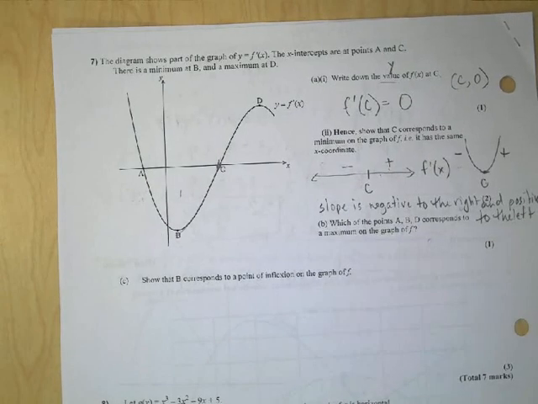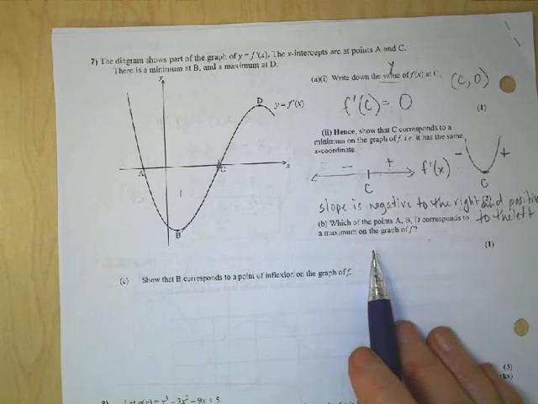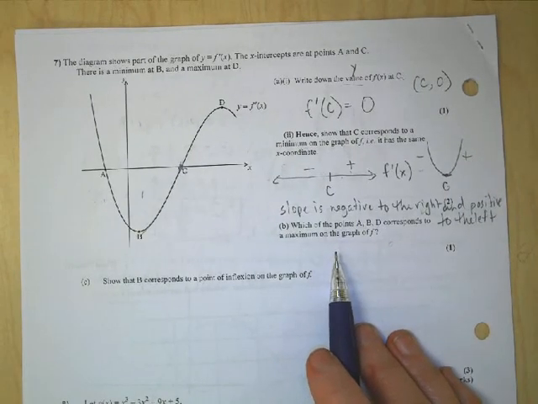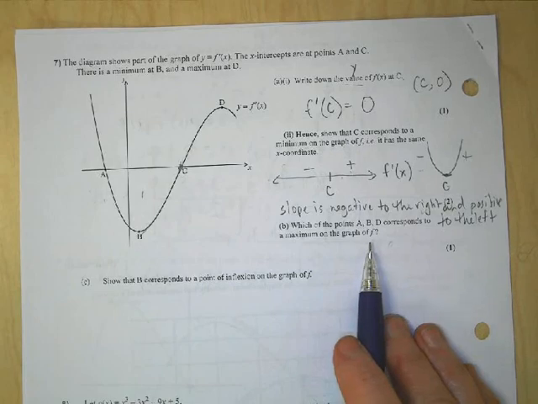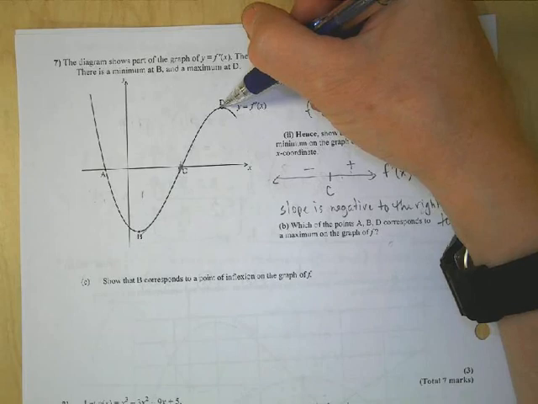All right, which of the points, a, b, or d, corresponds to a maximum on the graph of f, the original function? Okay, so it's tempting to say d is a maximum because it looks tall, but this is the derivative. It is not the original function.